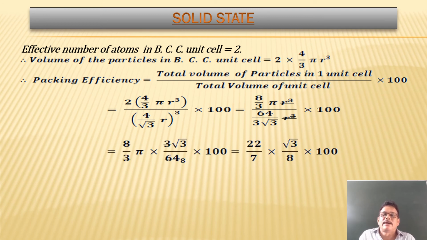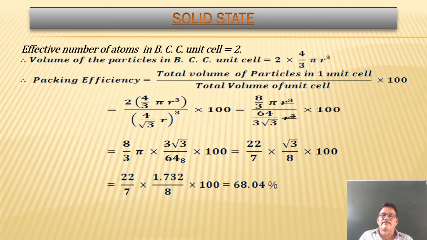So 8 by 3 into pi into 3 root 3 by 64 into 100. Okay, 3 cancels out. 8 goes 8 times in 64. So 22 by 7 into root 3 by 8 into 100. By simplifying, we will get it as 68.04.